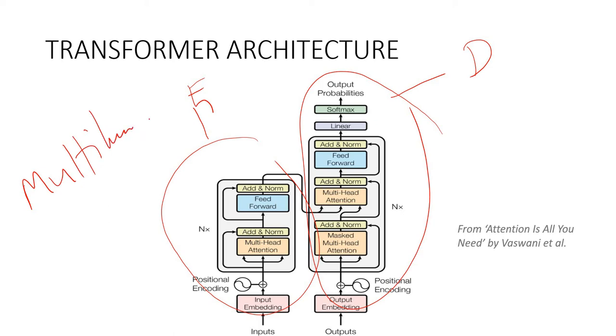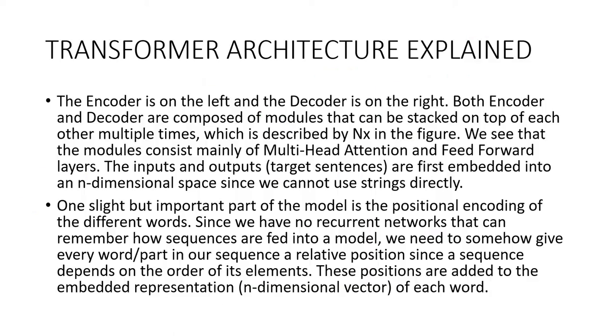Please watch the previous video to get more clarity about different types of attention. Multi-headed attention plus a feed-forward neural network is the thing. It contains multi-headed attention and feed-forward neural network, whether it is the decoder or the encoder.